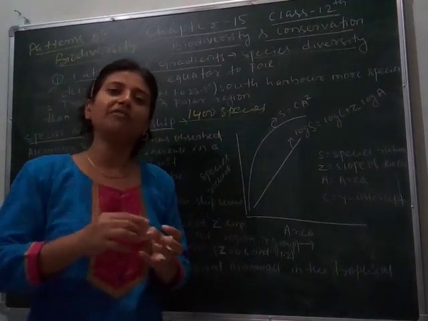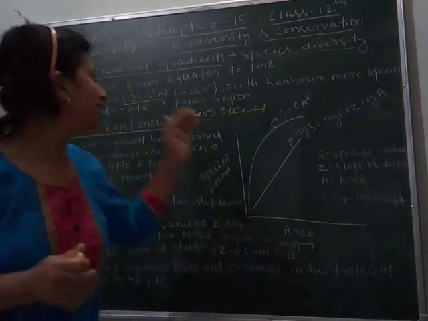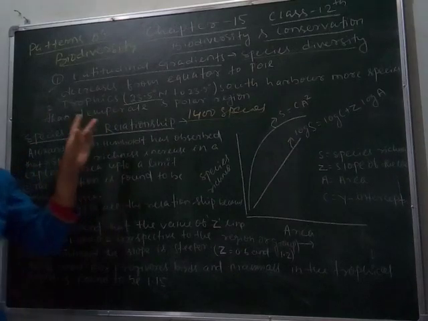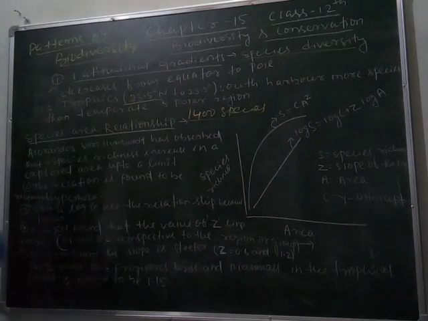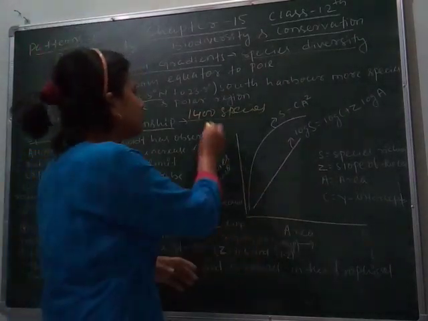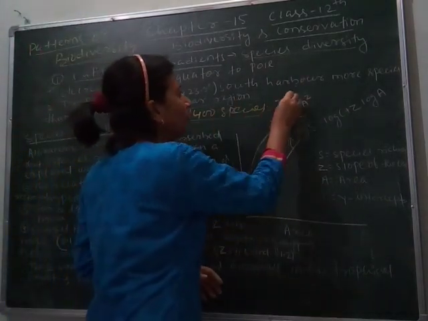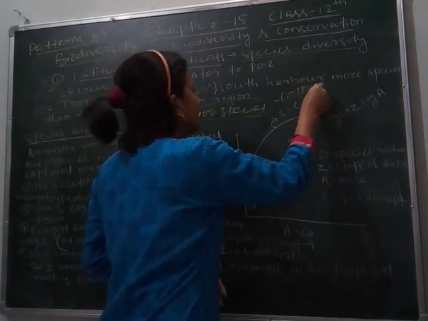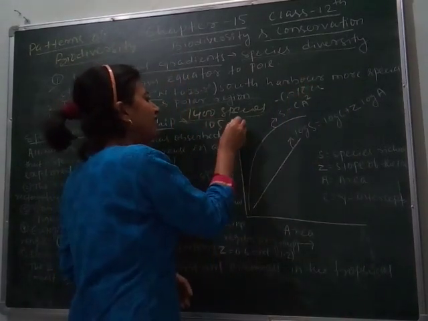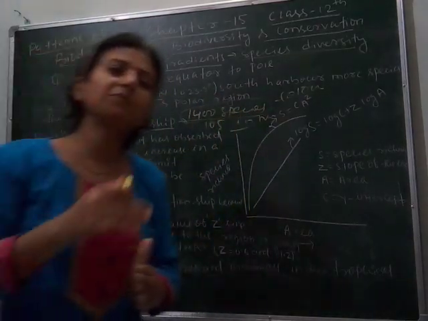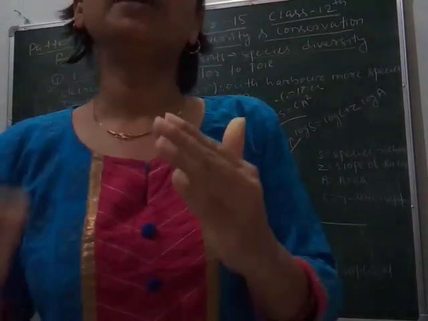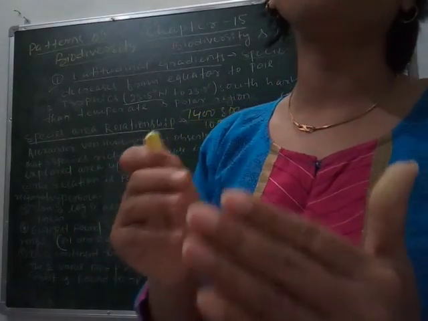So 1400 species we can see in Colombia, and in New York it has 105 species. So this is how the number of species varies from equator to pole.